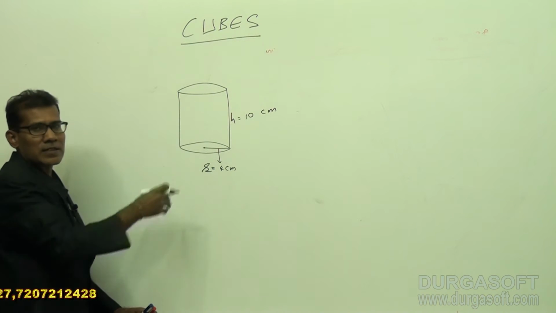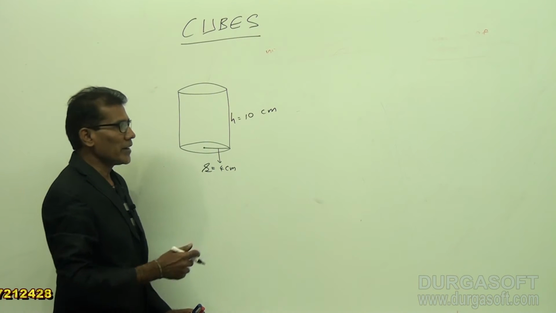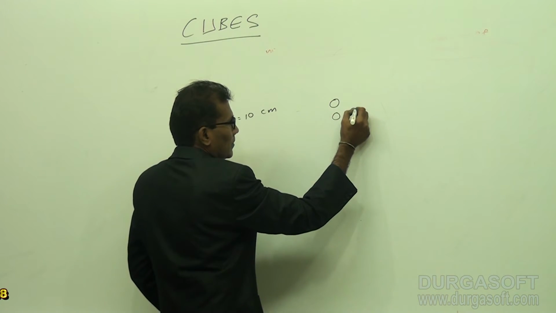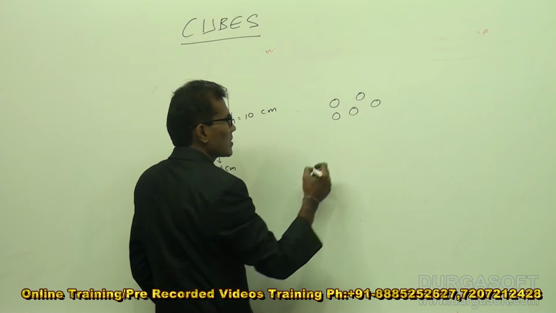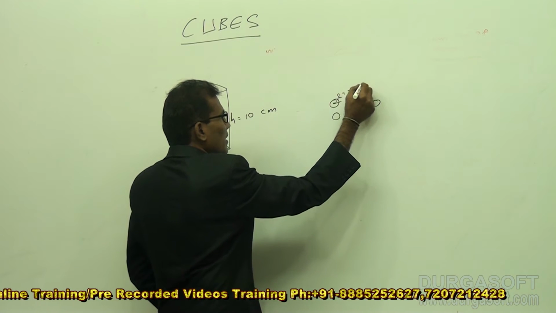Let us take this as a metal cylinder. It is melted and made into small balls, that is, spheres. Each ball's radius is going to be 2 centimeters.